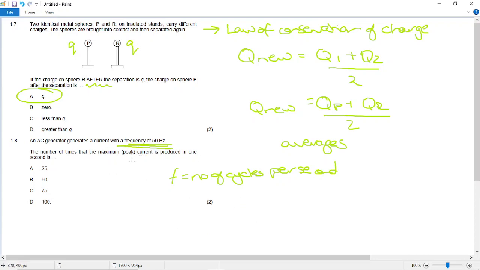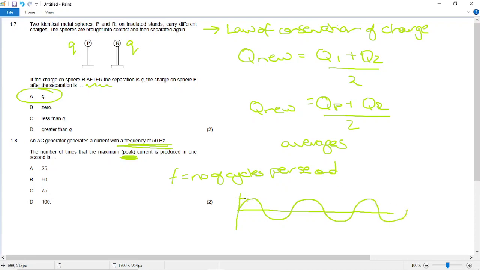Let's think about what this question is asking. It's asking you for the peak current. And I did have a bit of a wonder when I saw this question for the first time. If you look at electricity generation with AC, you end up with this sine curve like this.